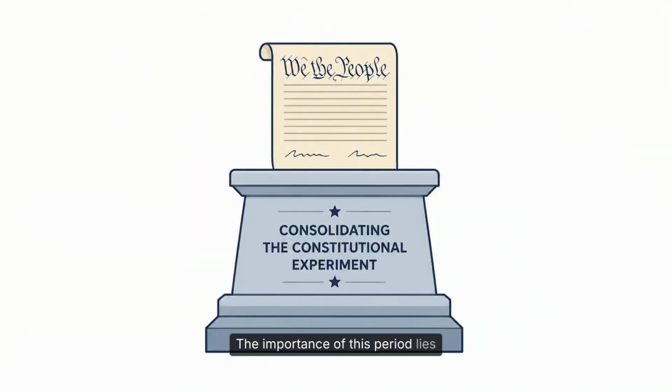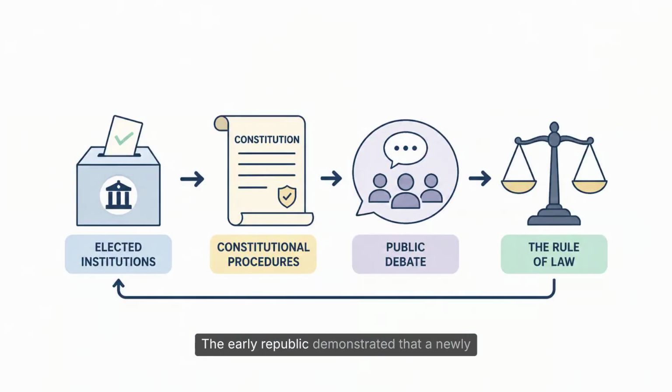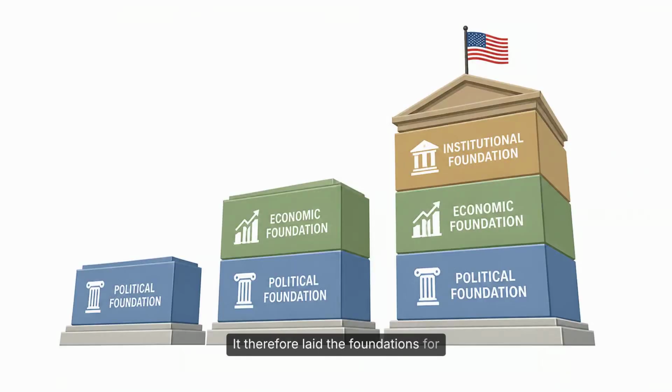The importance of this period lies in the consolidation of the American constitutional experiment. The early republic demonstrated that a newly independent nation could govern itself through elected institutions, constitutional procedures, public debate, and the rule of law. It therefore laid the foundations for the political, economic, and institutional development of the United States.